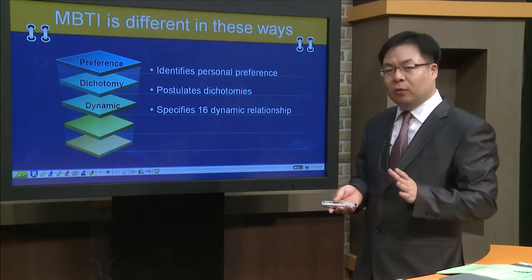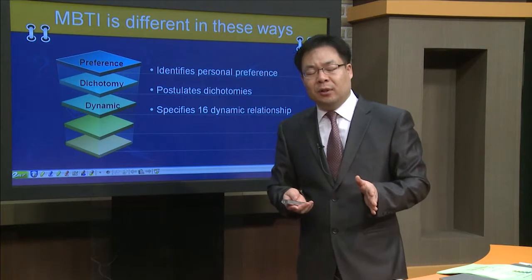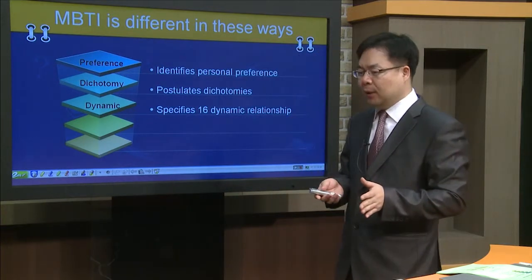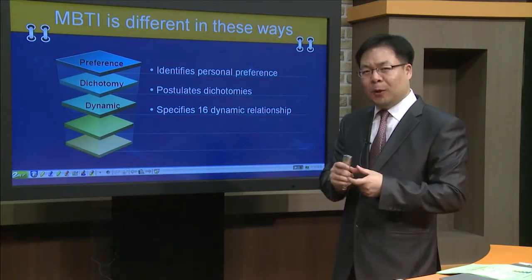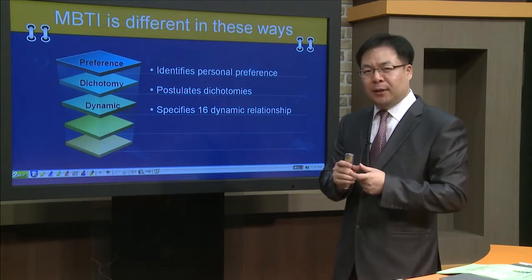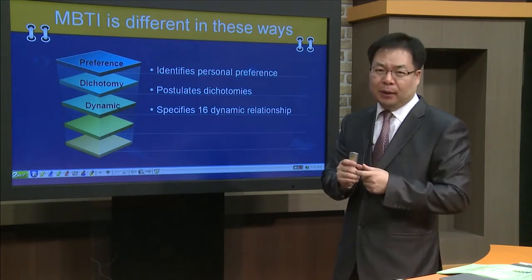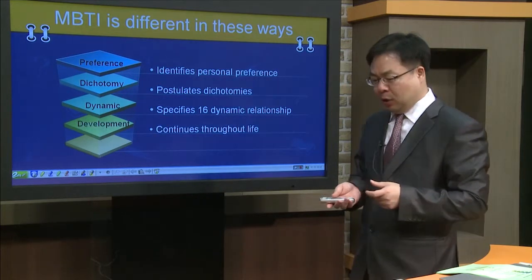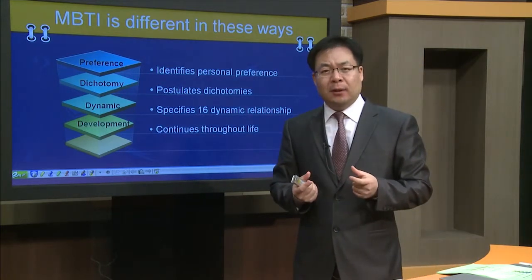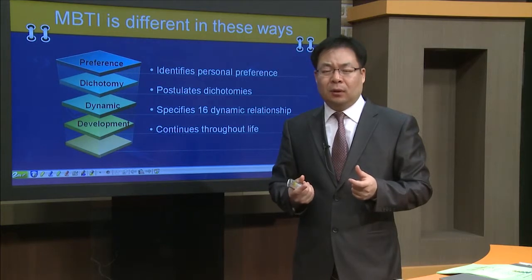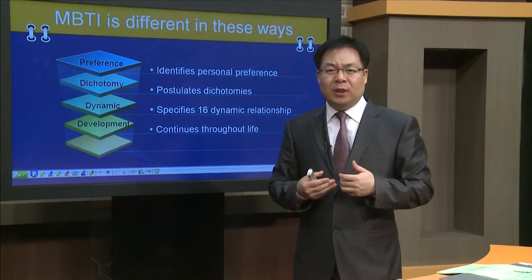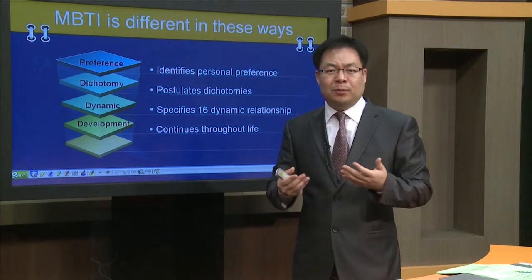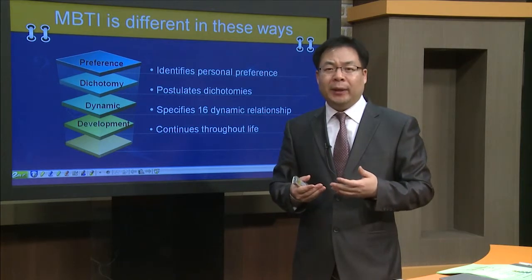And also, 4 indicators make 16 different personality types, and each personality type has a very different dynamic. I will explain that. And development: personality is not fixed. Throughout the lifespan, we develop and sometimes personality changes as well.